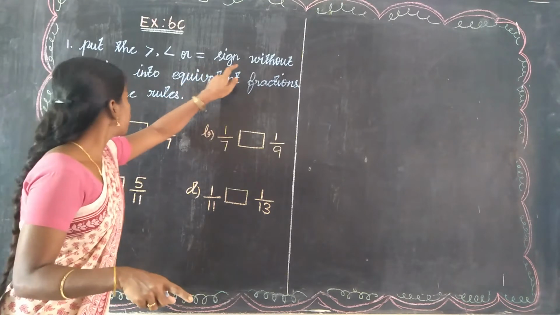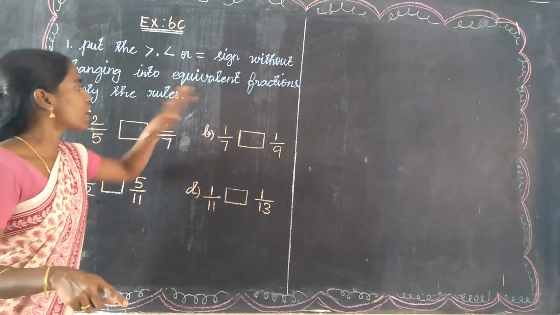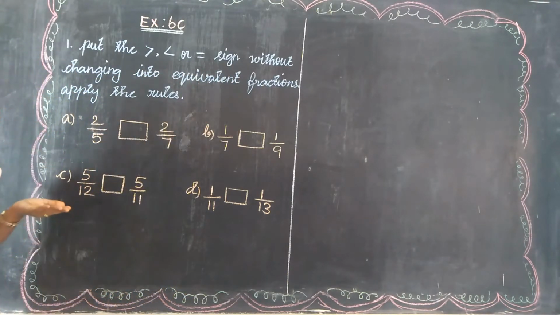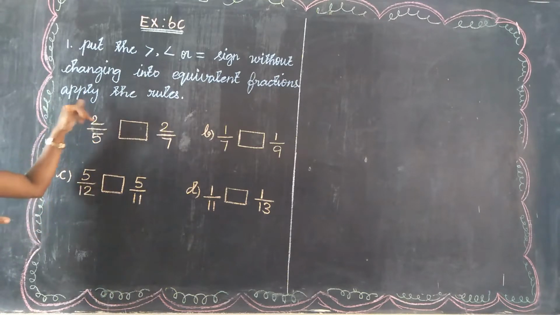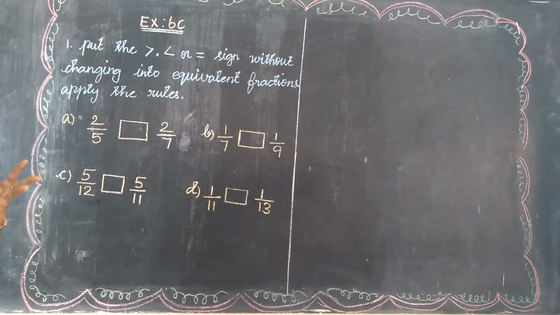See, put the sign without changing into the equivalent fraction. We must not change to equivalent fractions; we apply the rules. Fill the box with one of three symbols: less than, greater than and equal.